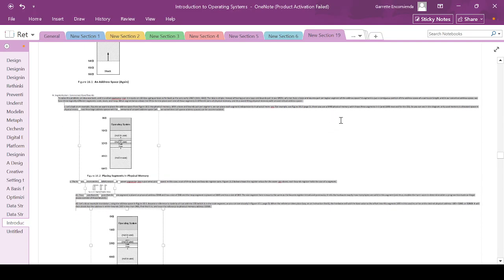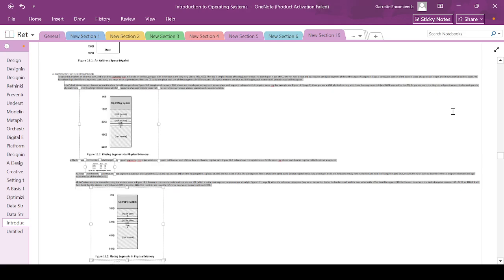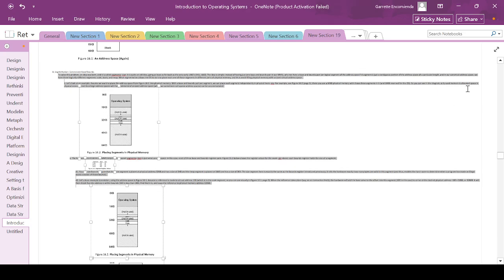There you see 64 kilobytes of physical memory with those three segments in it, and 16 kilobytes reserved for the OS. As you can see in the diagram, only used memory is allocated space in physical memory.